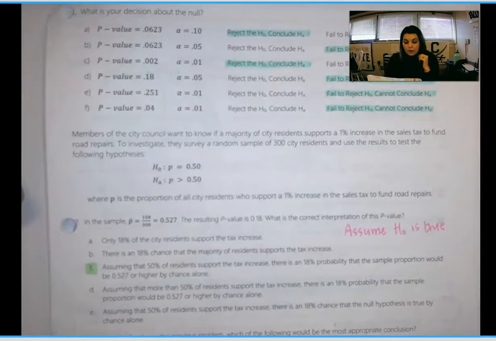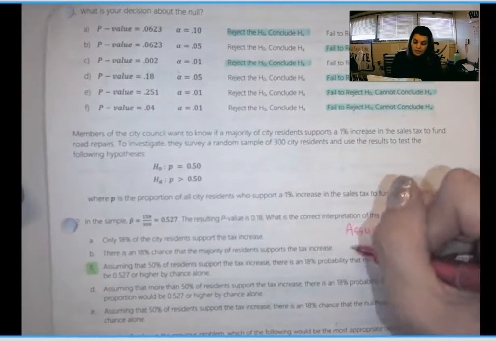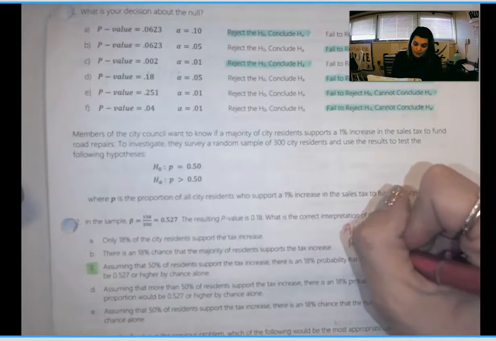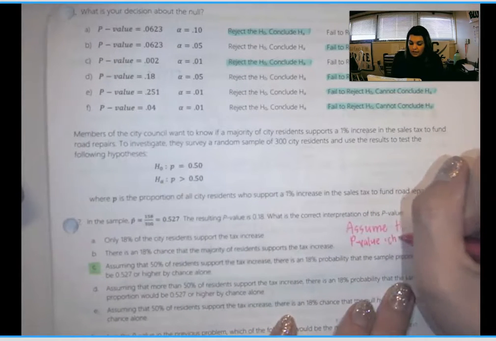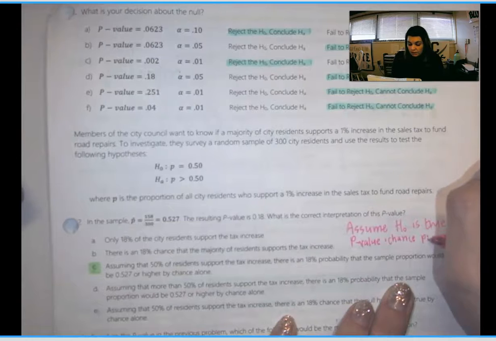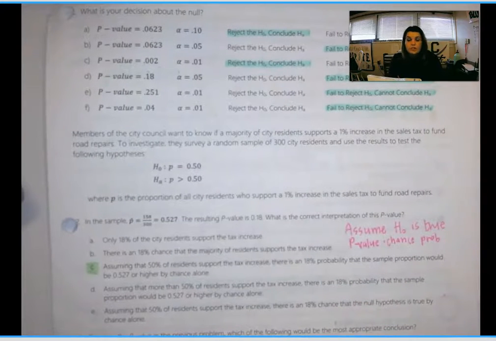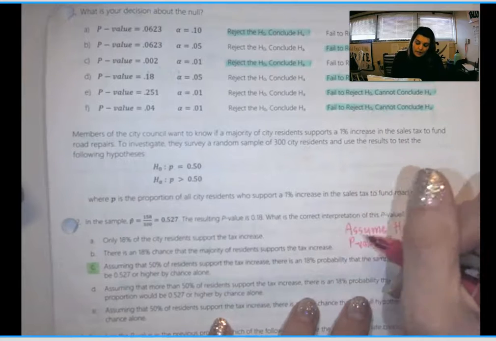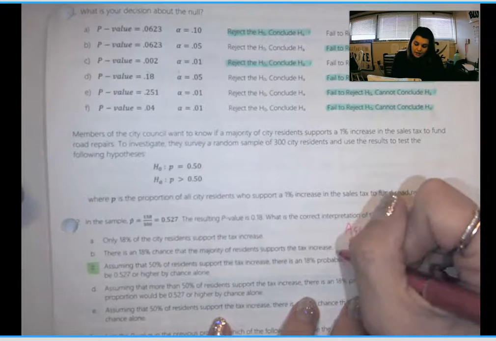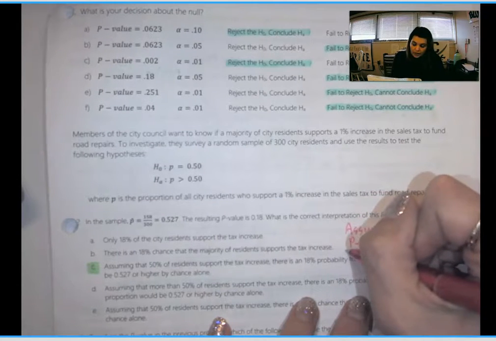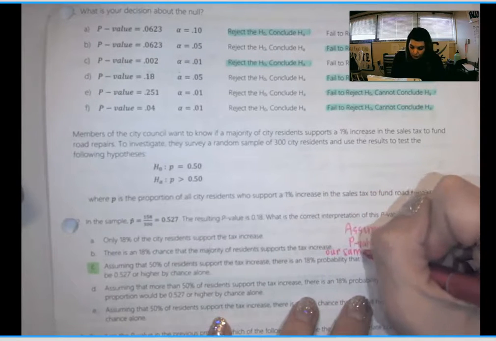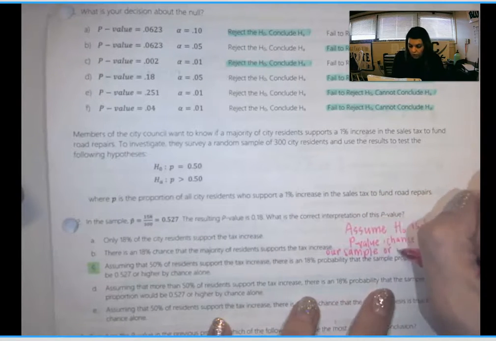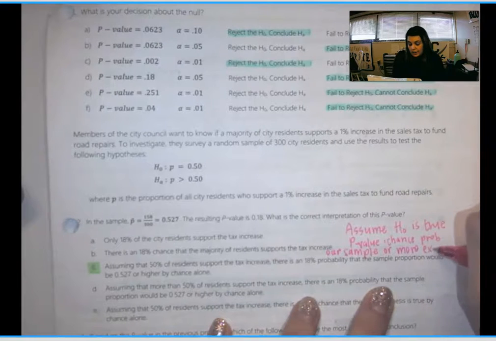So the first thing that the answer option has to have is some statement that H0 is true. The next thing is you need to have your p-value, and it's going to use the word chance or probability, or sometimes both. And then the last one is that you're looking for something that says the chance we would get the sample we got, so our sample, or more extreme.